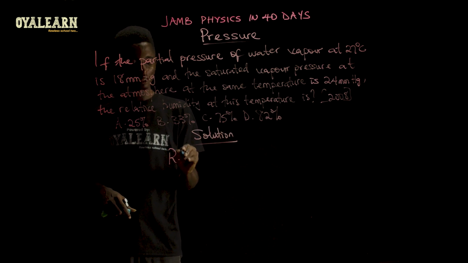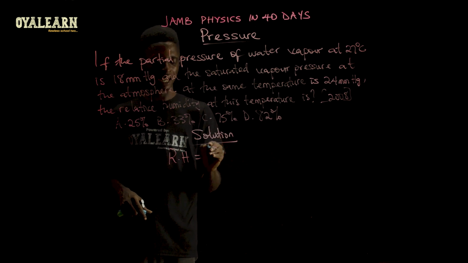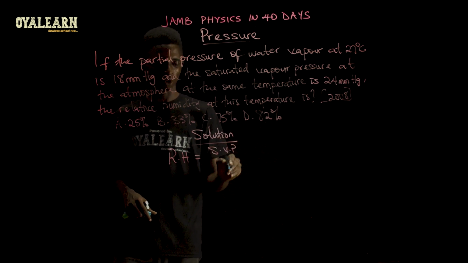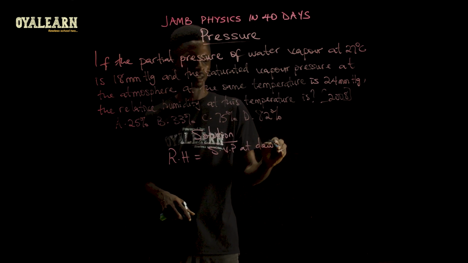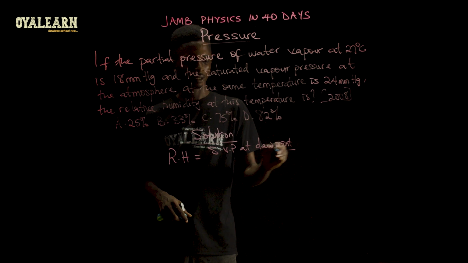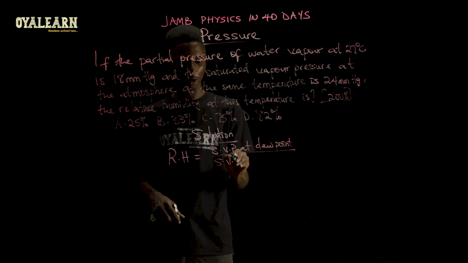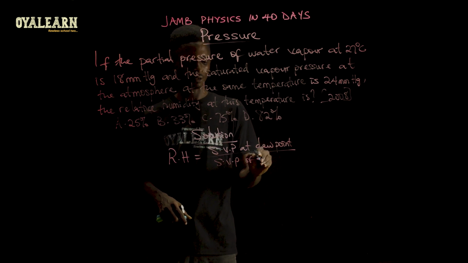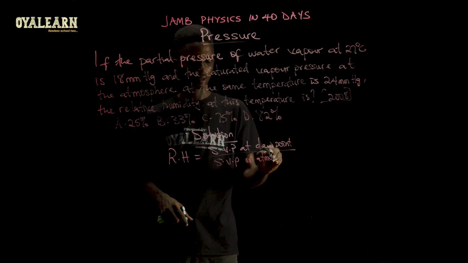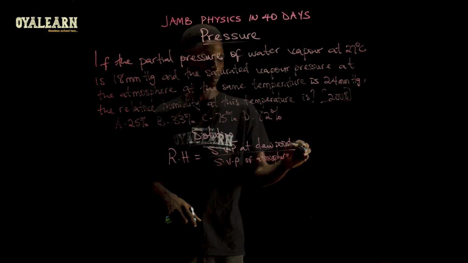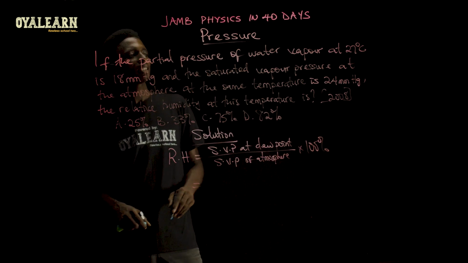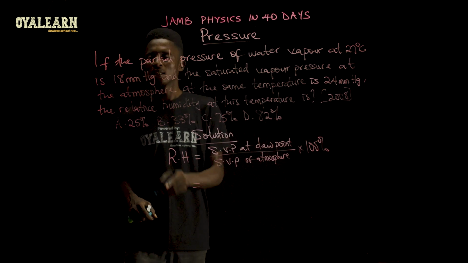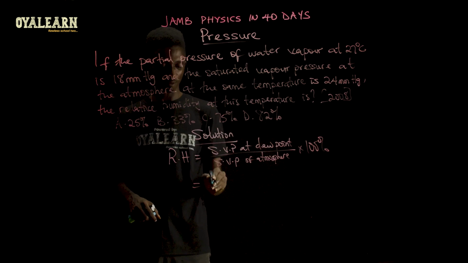Now, relative humidity is given as the saturated vapor pressure at dew point over the saturated vapor pressure of the atmosphere, multiplied by 100%. Now, this is given as 18 millimeters of mercury.